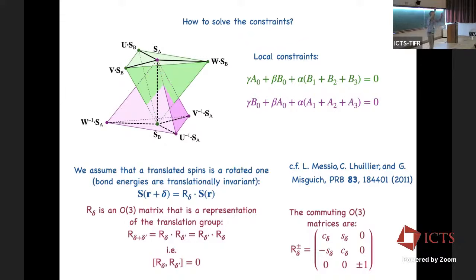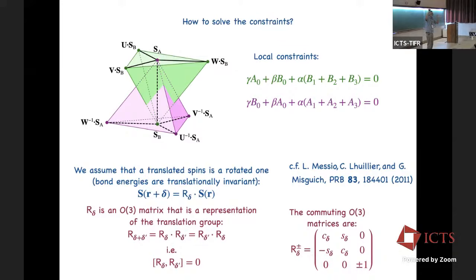The problem is I don't have 4 spins here. So you can go from 1 spin to the second and to the third one, or you go from 1, 4th, and 3rd. So we have 2 different paths to get to a certain spin.